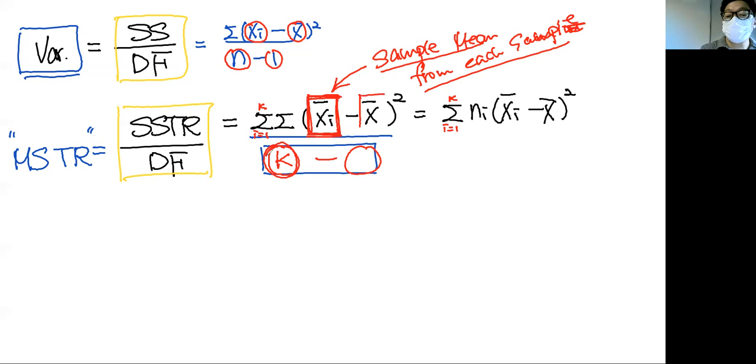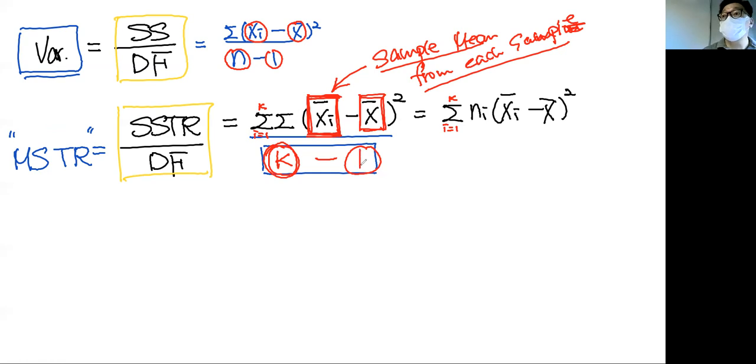How about the next one? It is the overall mean. How many statistics are we going to take for the overall mean, X bar? Please remember the homework problem we just reviewed before. So how many X bars? Just one.